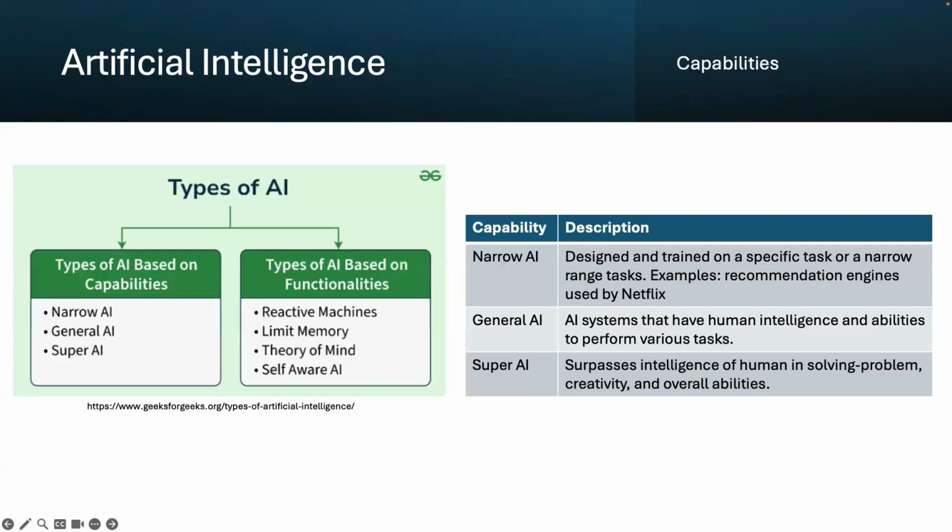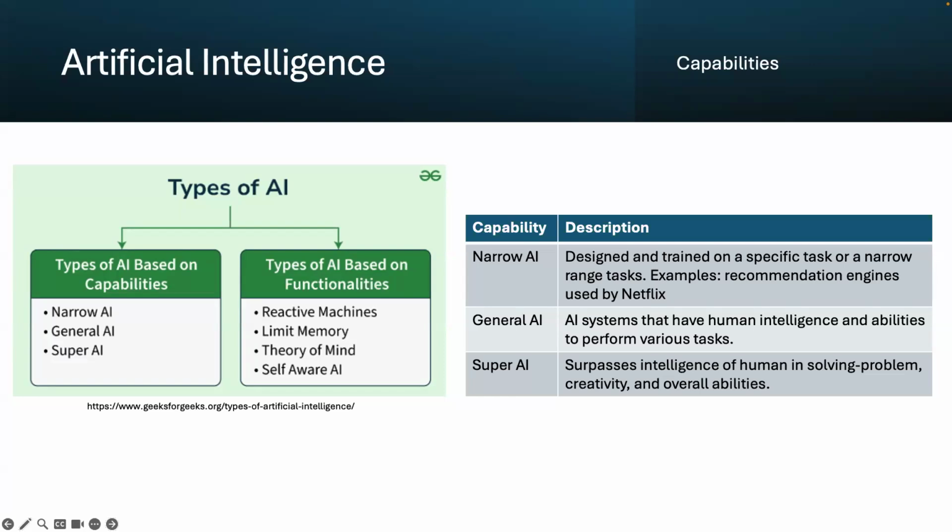So here we differentiate them at the top level based on their capability and functionality. From the capability perspective, you define an AI system to be narrow, general, or super AI. When it comes to narrow AI, they are designed and trained on a specific narrow task.